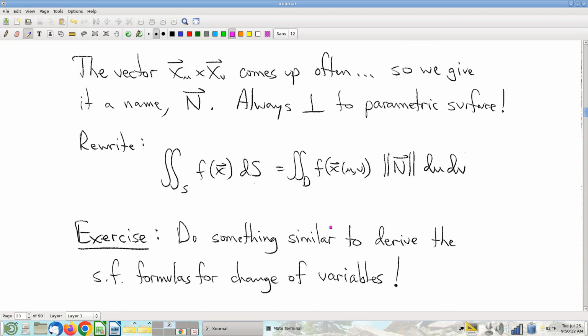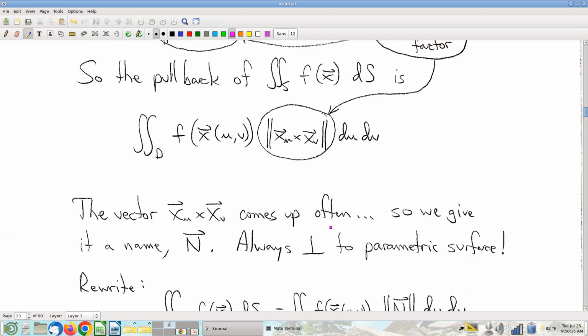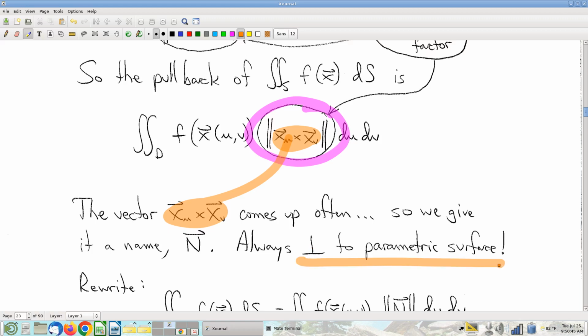Okay, so as it turns out, this stretching factor, the magnitude of a certain vector, you'll notice, is a cross product. It's xu cross xv. It turns out that this vector is important for various reasons. It's not just a vector whose magnitude happens to be the stretching factor in that parameterization. For example, you're going to notice it's always perpendicular to the parametric surface.